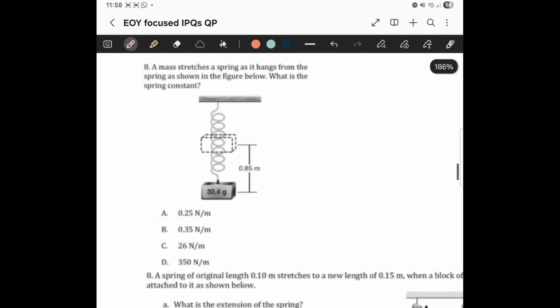All right, so let's move on to this one. And now we're going to do a bit of a calculation. F equals negative kx. We have my x. I don't have a force yet. That's a mass, but I can turn that into a force. That's easy. W equals mg. I will do 30.4 times 9.8, and that will give me my weight, which is a force. 30.4, that's not good at all.